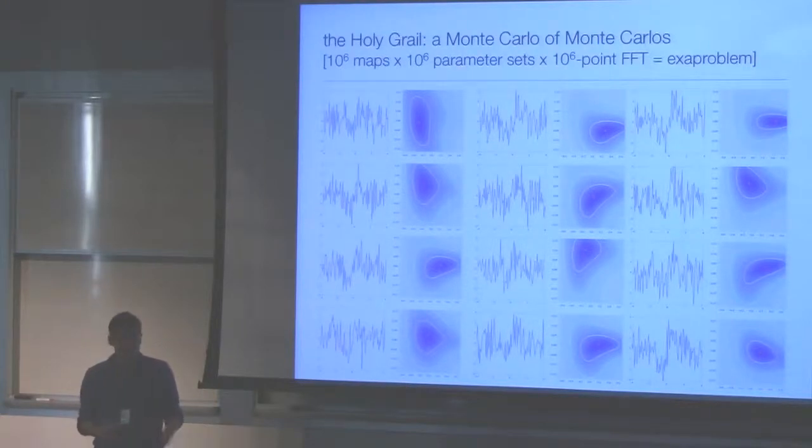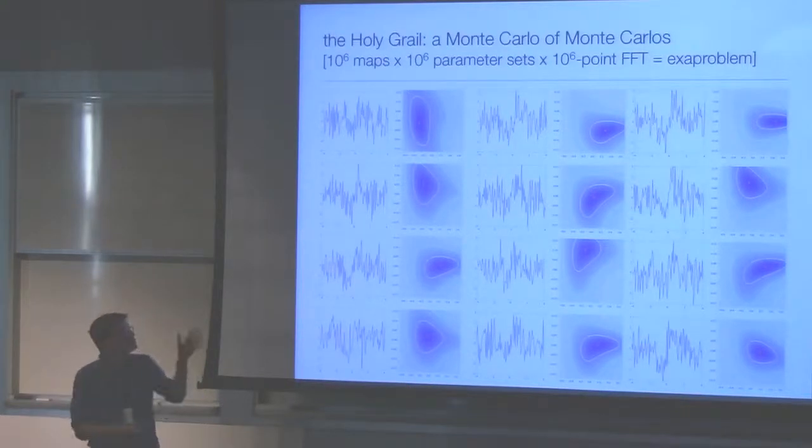So the holy grail, really, I want to characterize how powerful a measurement of a physical scenario is with a certain detector, is to consider all possible noise realizations at once and basically do a Monte Carlo of Monte Carlos. Pretending to look for a signal with unknown noise and all different kinds of noises.